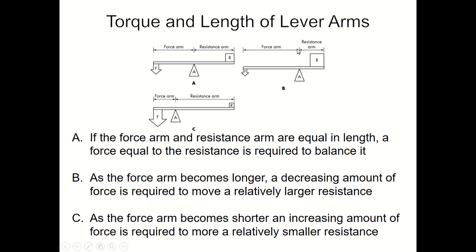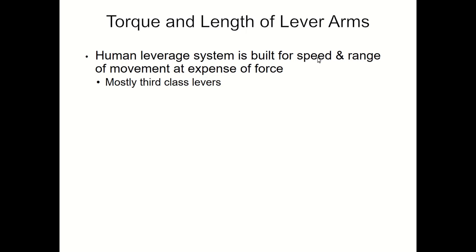If the force arm is longer than the resistance arm, you only need a small amount of force in order to move a relatively larger resistance. And as the force arm becomes relatively shorter compared to the resistance arm, you're going to need a lot of force in order to move just a little bit of resistance. So B is really optimal. If you can increase that force arm, you don't need as much force to move a bigger resistance.